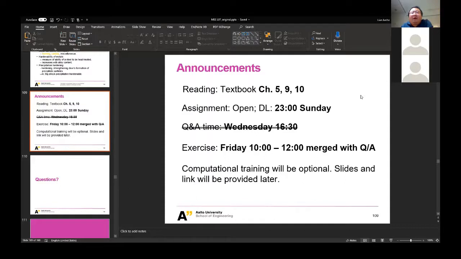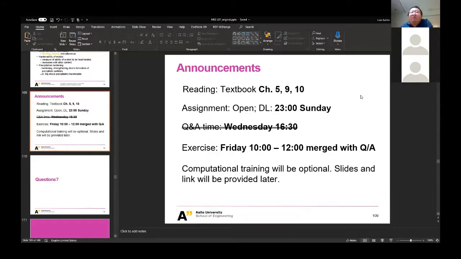For this week, we will still have one computational training that will be provided to you as a video. You can choose to watch it. If you want to play with it, you can download ThermoCalc to create those interesting phase diagrams. But as I said, it is optional. It is not reflected in your grading system anymore. Because we moved that, it will also significantly reduce your workload in terms of exercises.